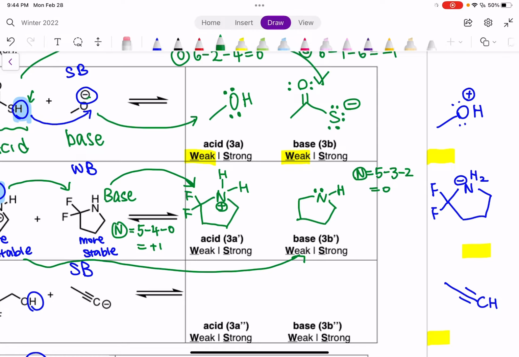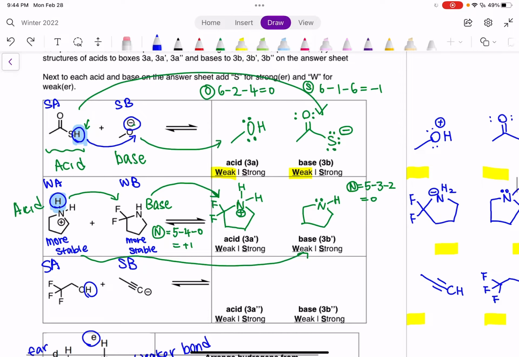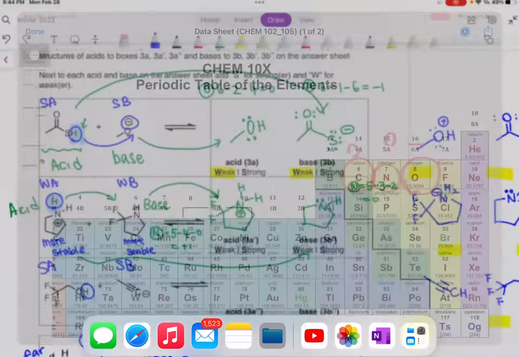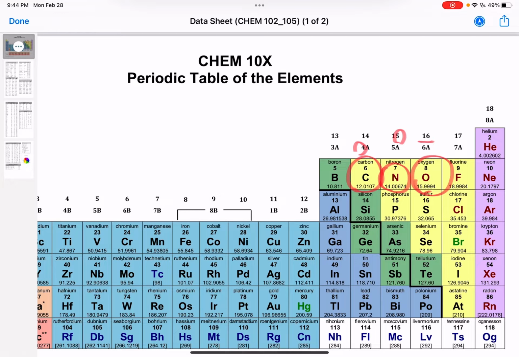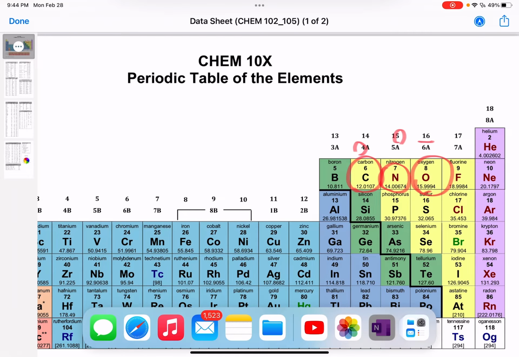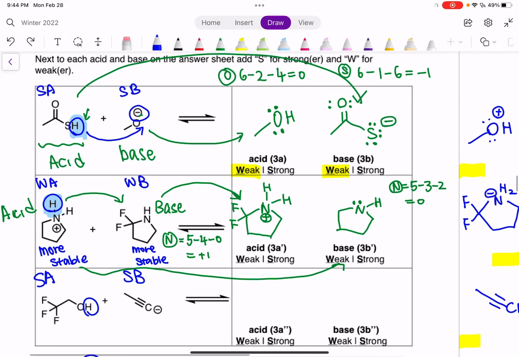You can as well check for the fluorine right here. Let's see what's the group number of fluorine. It's group 17, so we just need the 7 right there. So fluorine needs the 7, and we have to complete the octet.